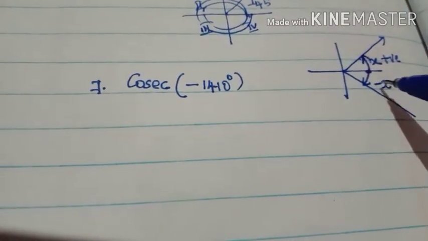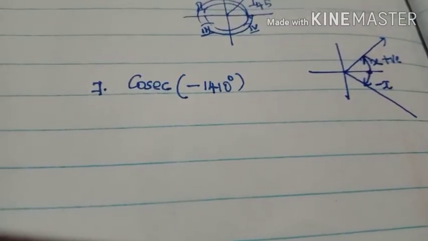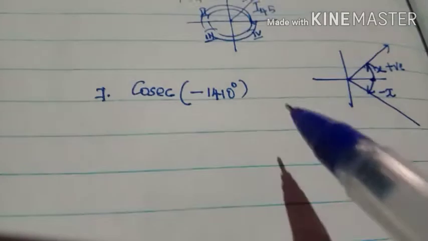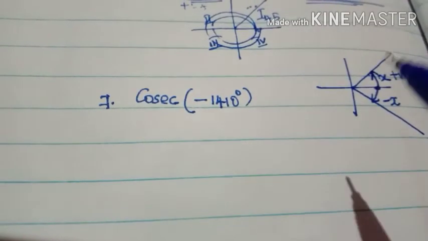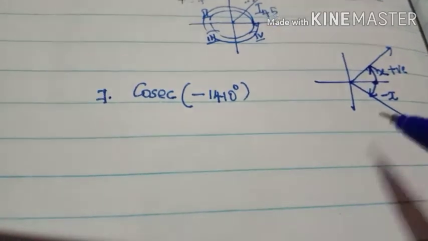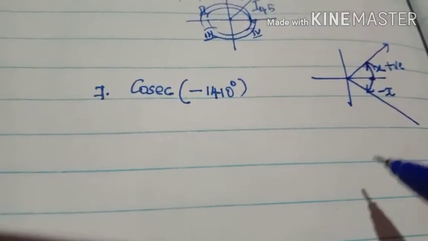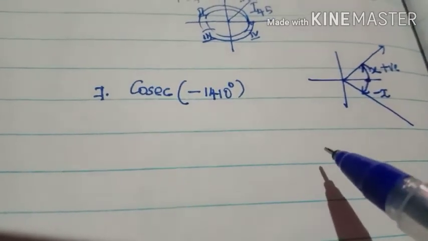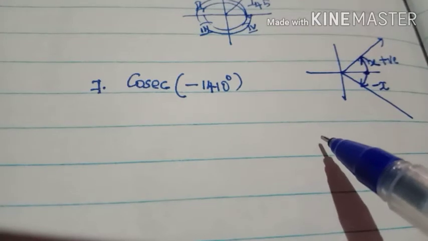Negative angle means the angle measurement is the same but the direction is different. So here cosec of a negative angle is given. Now there are results for the trigonometric ratios of negative angles, which you have to learn by heart.